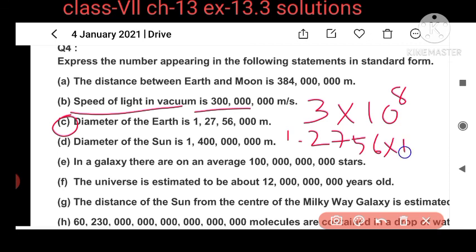Then multiply with 10 to the power. Now after the decimal, how many digits are there? Here we have put the decimal, so count: 1, 2, 3, 4, 5, 6, 7. So you will write 10 to the power 7. Okay, 1.2756 multiplied by 10 to the power 7 is the answer for question number D, isn't it? So in the same way, you will solve the remaining questions.